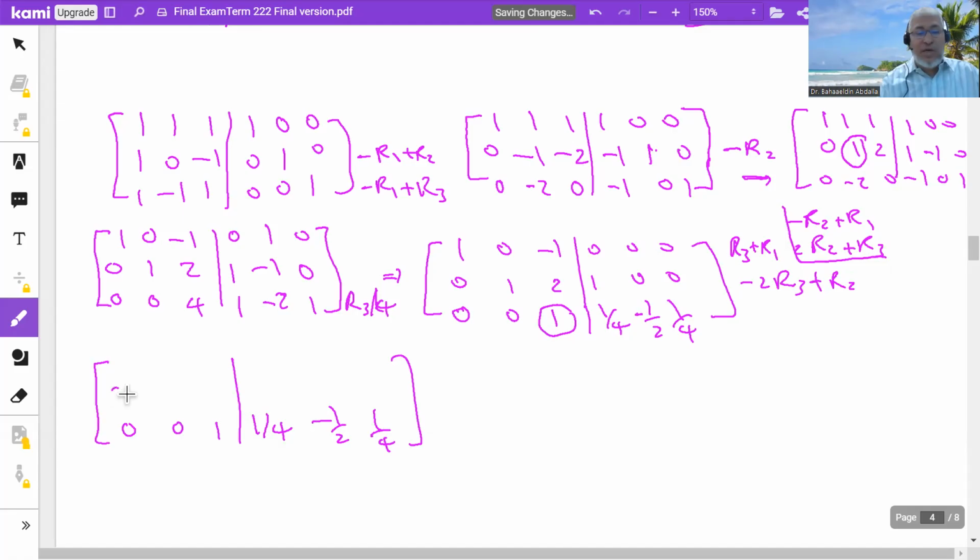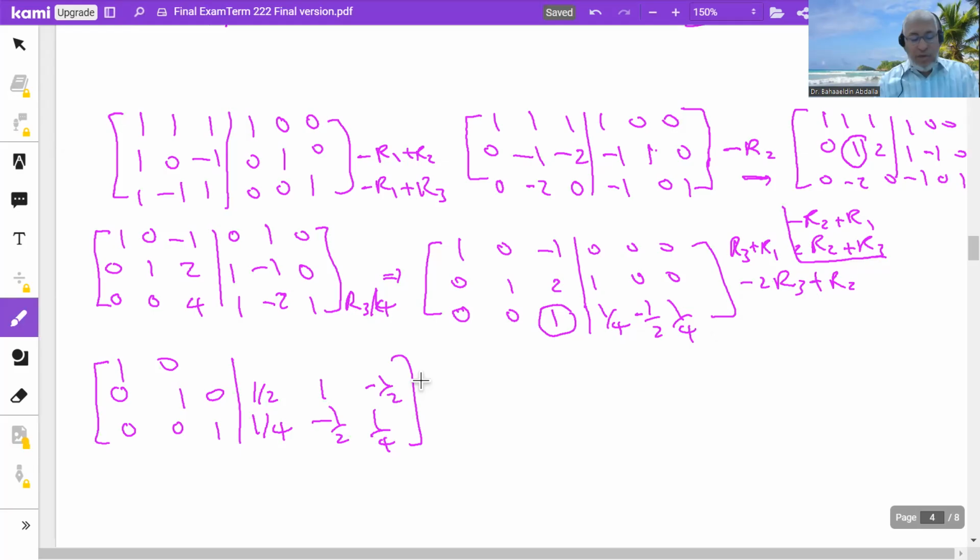And I have zeros here, so there is no change here. Now, negative 2 plus 2 is 0. Negative 2 times 1 over 4, that's negative half, plus 1, that's half. Negative 2 times negative half is 1 plus 0, that's 1. Negative 2 plus 1 over 4, that's negative half plus 0, that's negative half.